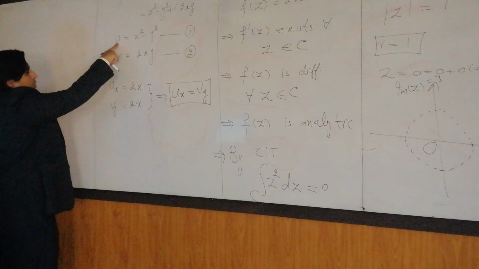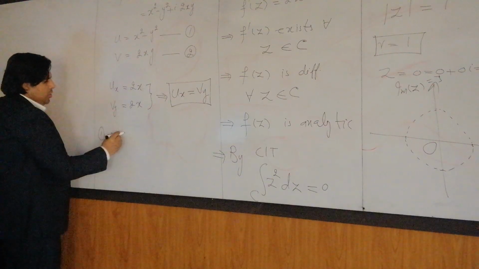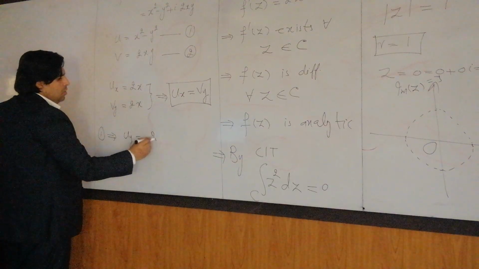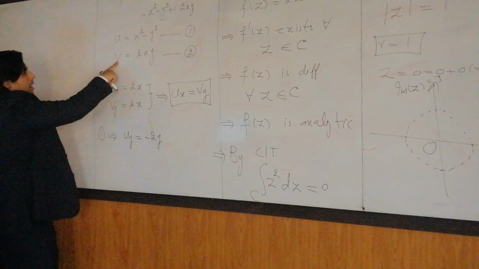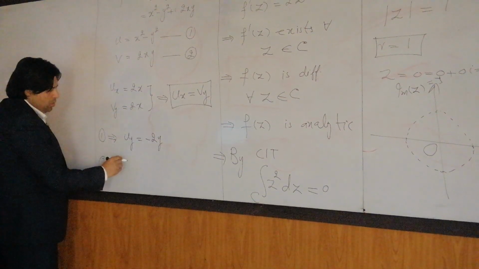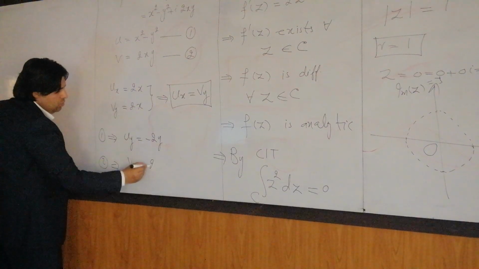Now again from 1 we can differentiate u with respect to y and we get minus 2y. And now differentiate v with respect to x and you will get 2y.